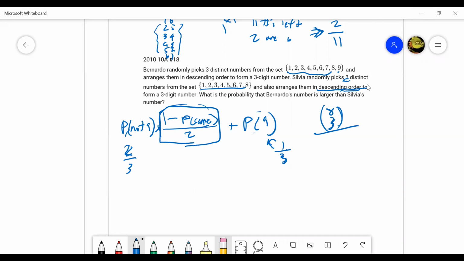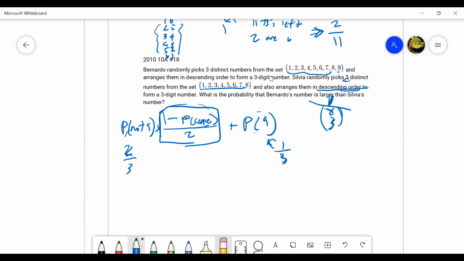There are 8 choose 3 total numbers that Sylvia could have gotten, and Bernardo can only have one of them. So the probability of them being the same is just 1 over 8 choose 3.